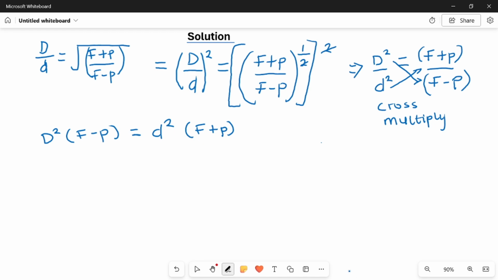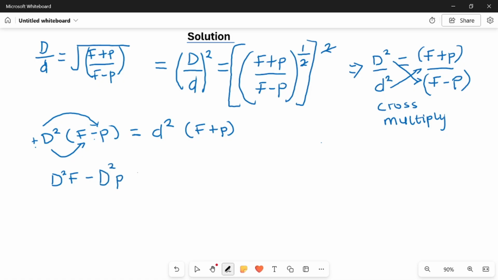D squared times F, we'll have F D squared. And D squared times p, remember there's a positive sign here, so the positive times this negative will give us negative. And D squared times p will be D squared p.